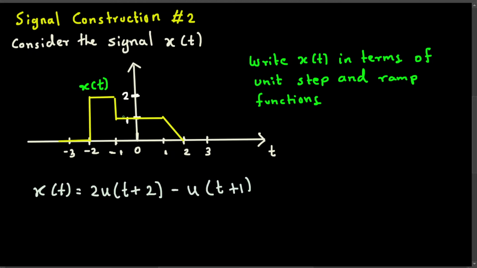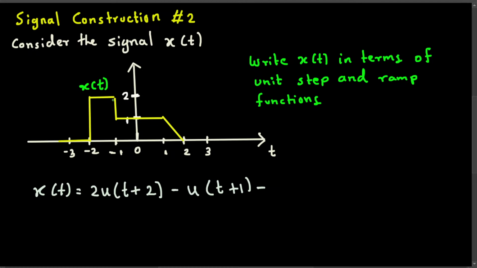Okay, and it's going until this 1, and it's going down, but this is not going straight down. If it's straight down, that's a unit step function. If it's going down like a ramp, this is a ramp function. Since it's going down, this is a minus ramp function, and the slope is -1, so we just put minus. And since it's going from 1 down, you don't have to put anything in front.